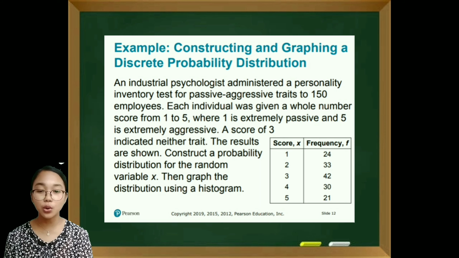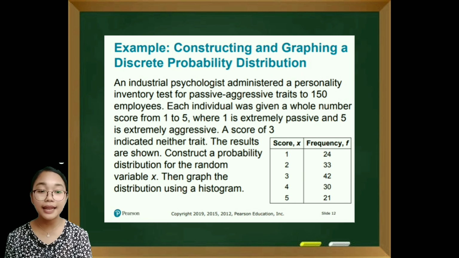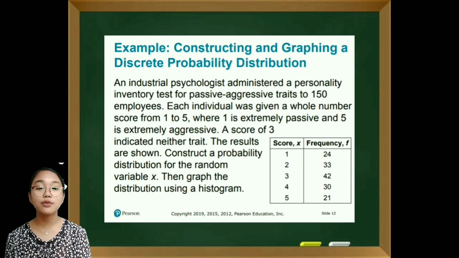The results are shown. Construct a probability distribution for the random variable x, then graph the distribution using a histogram. We have here our x: 1, 2, 3, 4, 5 with its corresponding frequency: 24, 33, 42, 30, and 21.